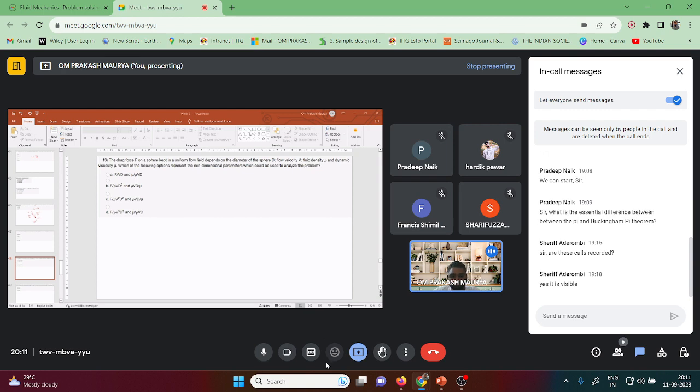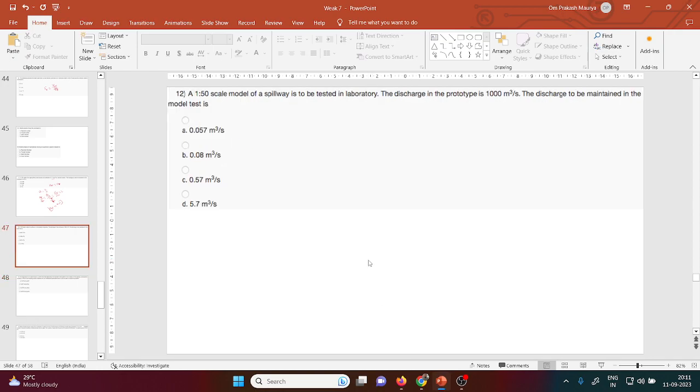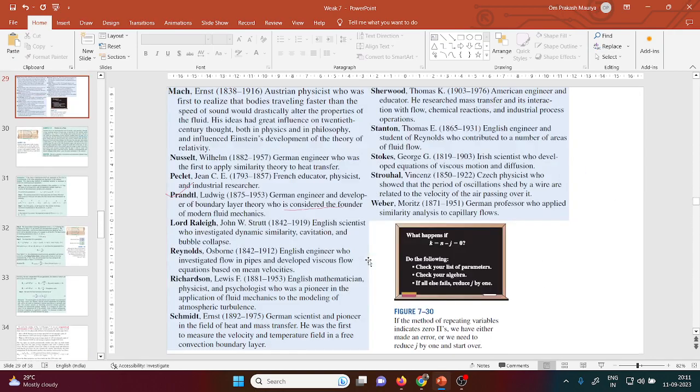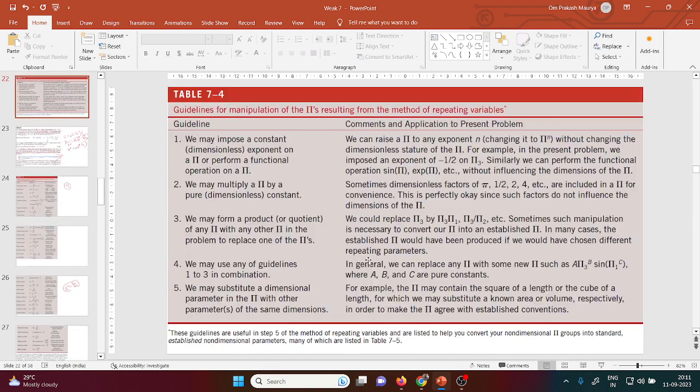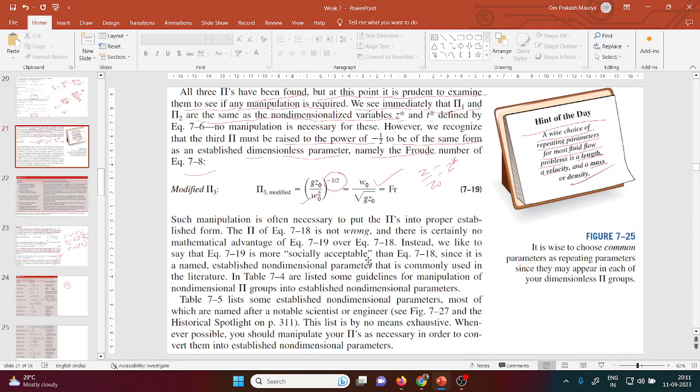This is a very basic concept. Here it is written very clearly: mass, length, velocity or density we can choose.